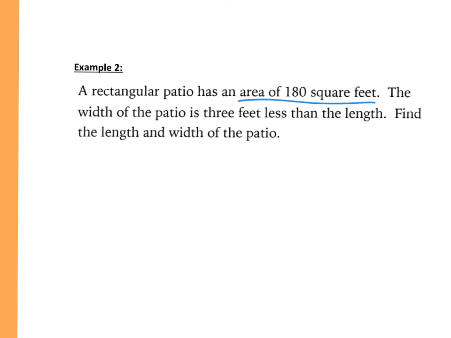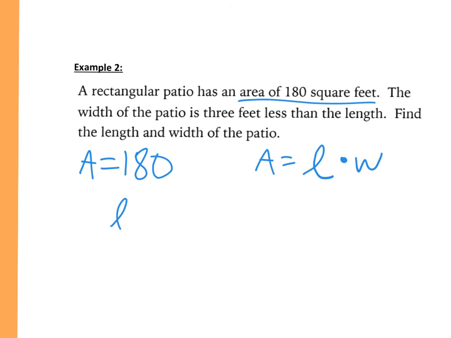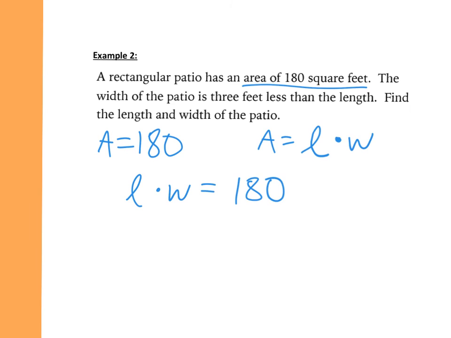Okay. So if we know that area is 180, what is the area formula for a rectangle? Length times width. Okay. So if I know that area is 180 and area is also length times width, couldn't I say that length times width equals 180 here? Yeah. Okay. So now I need to assign variables to the length and the width because I don't know what they are.